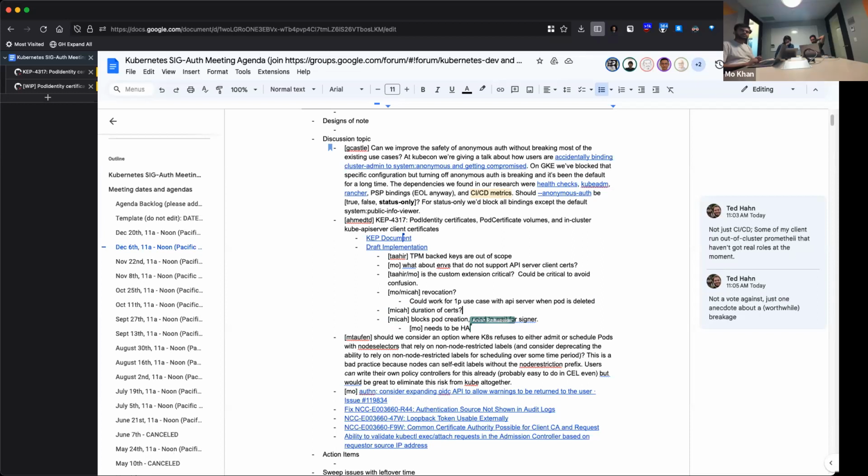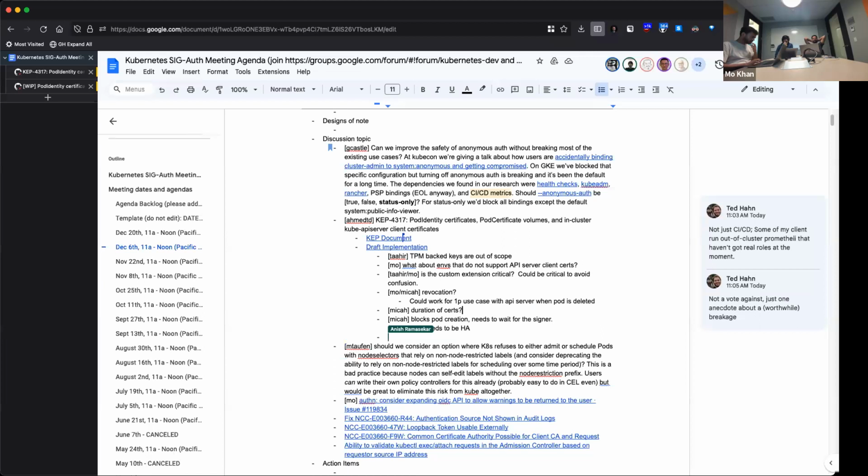Right. Yeah, so I still need to read the KEP, and I plan to do that. I'm only here next week, and then I'm gone for the holidays. So, what are we planning for this? And what release are we in? 130. My hope is, I've got a draft implementation ready.